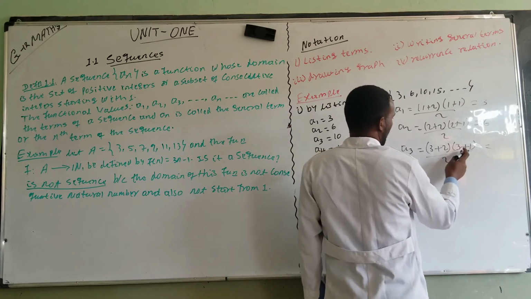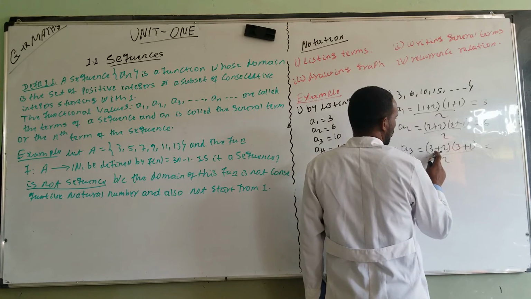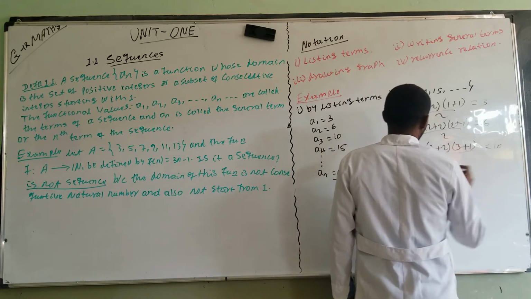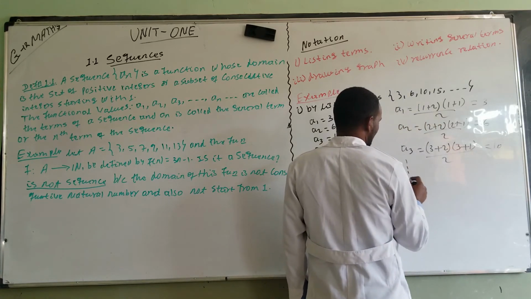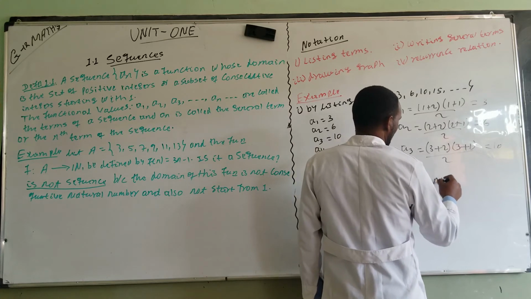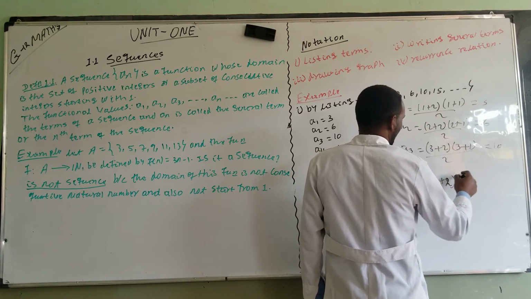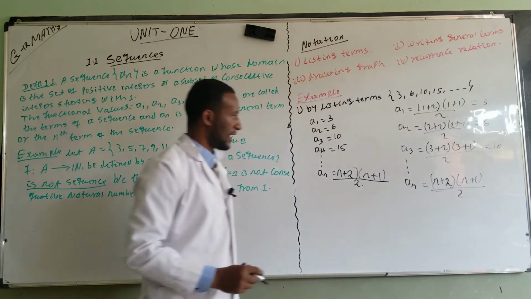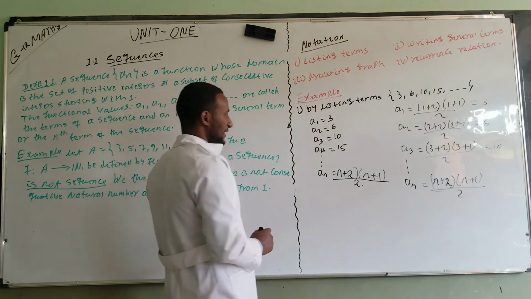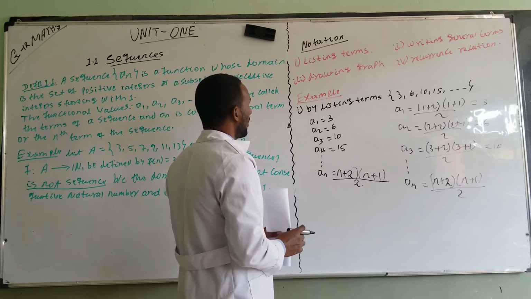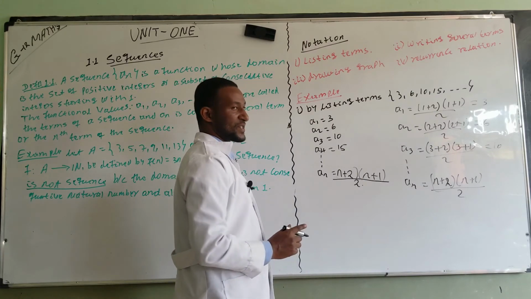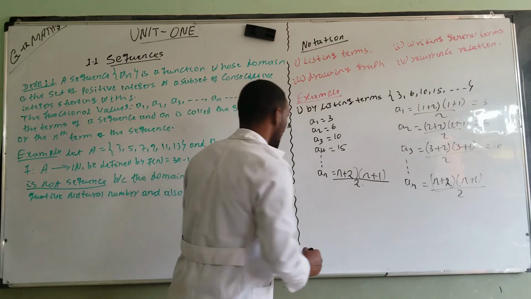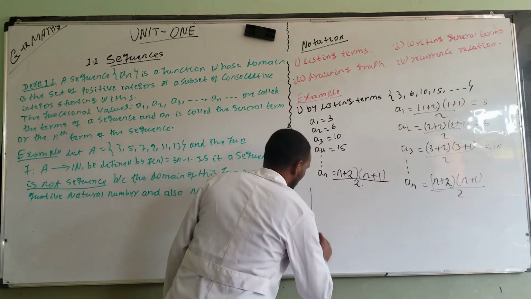This gives 5 times 4 over 2, which is 10. So what is our general formula? A_n is equal to n plus 2 times n plus 1 over 2. This is our general term. Let us now draw or express this sequence with a graph.